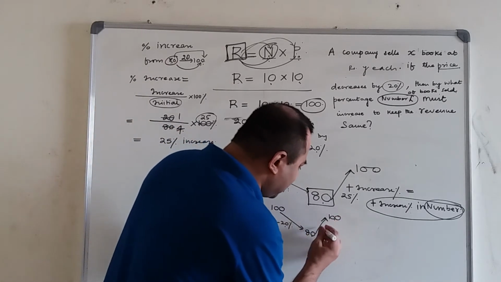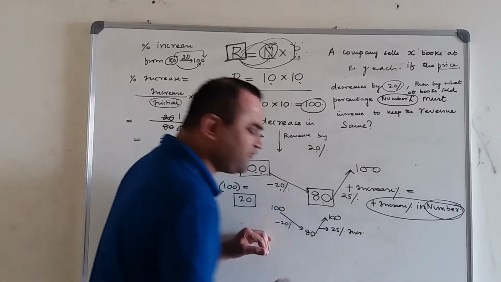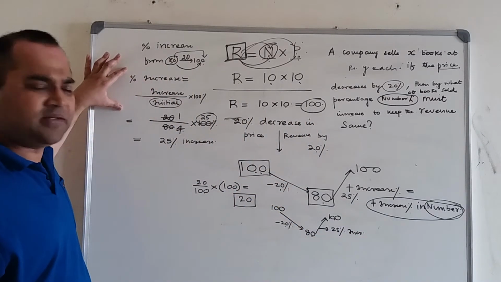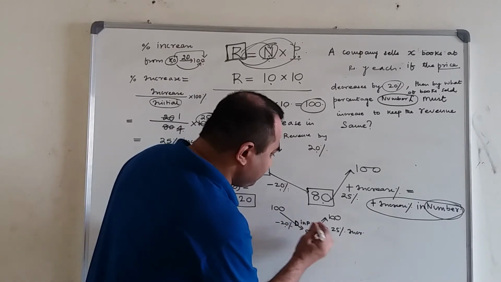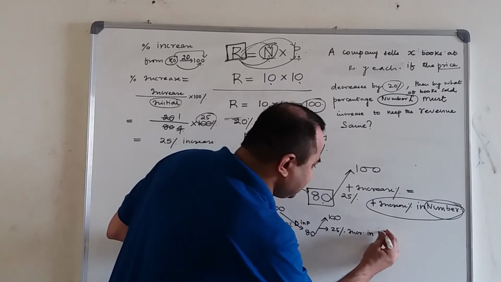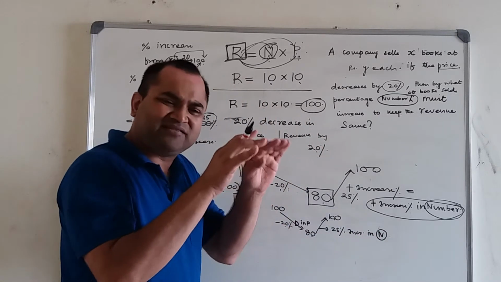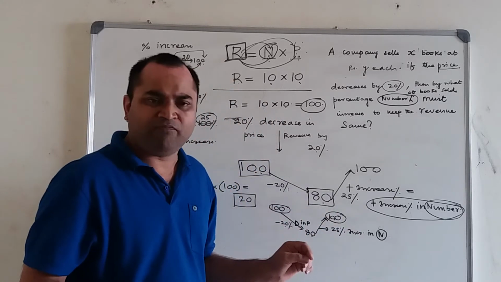So from 80 to 100, what is the percentage increase required? It will be 25, found by using this method. So a 20% decrease in price will require a 25% increase in number to offset the decrease in revenue and restore the original revenue.